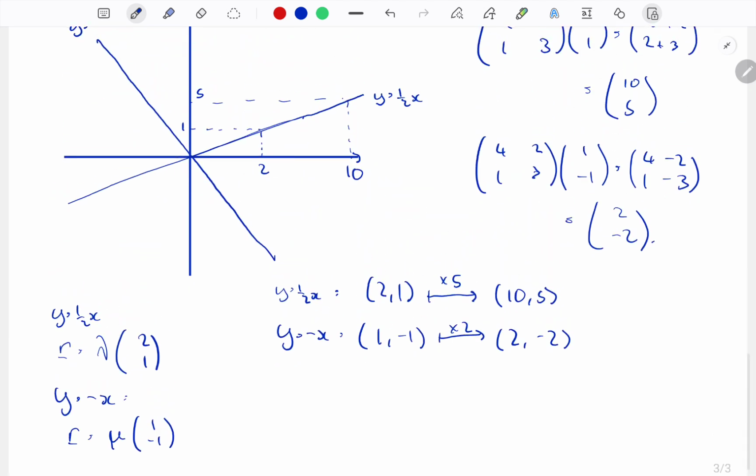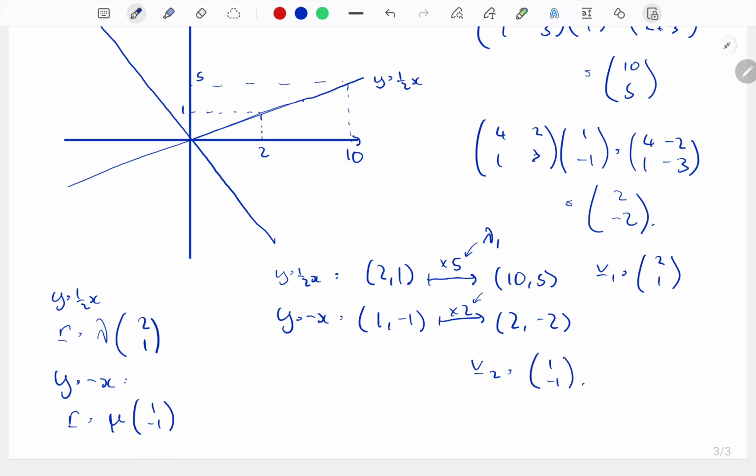So these here represent the two different lines, y equals 1/2 x and y equals minus x. So our eigenvalues are the 5 and the 2, and the corresponding eigenvectors are v1 equals (2, 1) and v2 equals (1, -1).